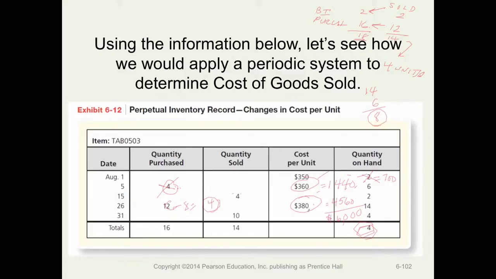So if you sold 8 out of those 12, that's where you get your ending inventory. Most recent cost, and that's going to be at $380. So our ending inventory under a periodic system, even though I'm looking at a perpetual record, would be the 4 units times 380. And that would give me an ending inventory of $1,520.